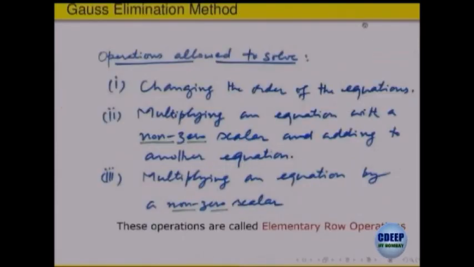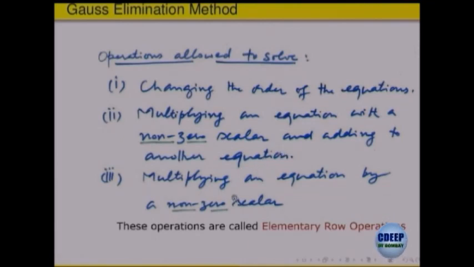And we saw that the solution of the system does not change if we change the order of the equations, that is just renumbering the equations, instead of the first being the second. The solution does not change. Multiplying an equation with a non-zero scalar and adding it to another, so we get a new equation in place of the old one, but still the system has the same solution, whichever was the solution earlier still stays the solution.